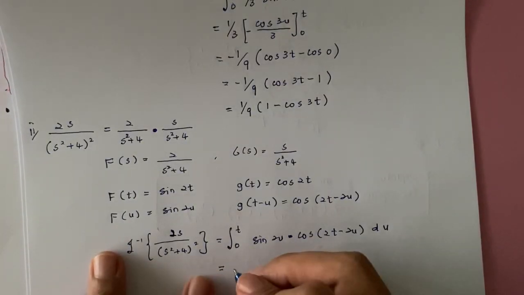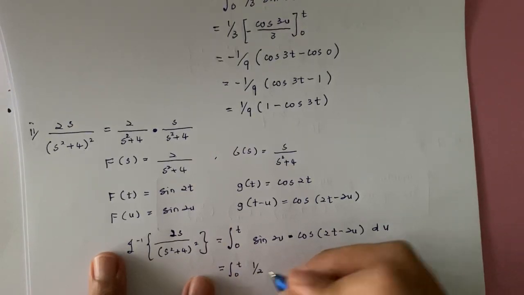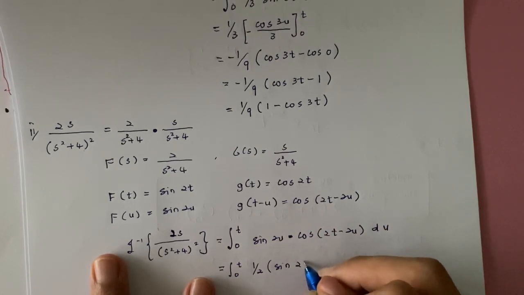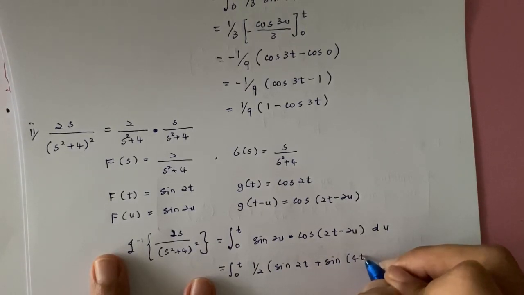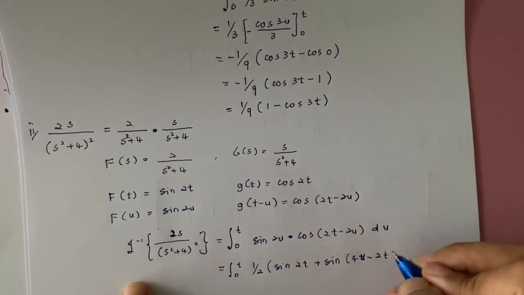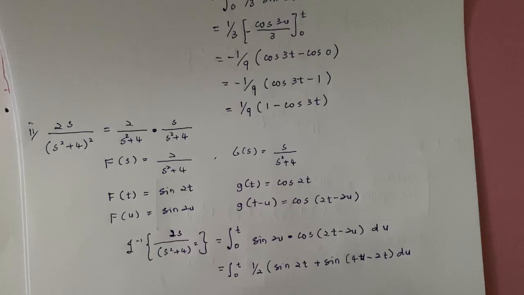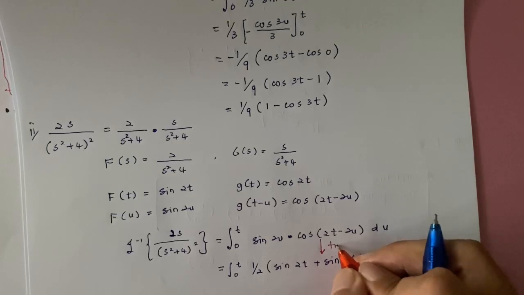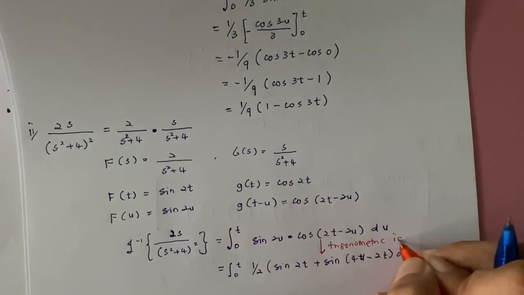So now you have here the integral from 0 to t of 1 over 2 times sine 2t plus sine of 4u minus 2t, du. From here to here you need to use the trigonometric identities.